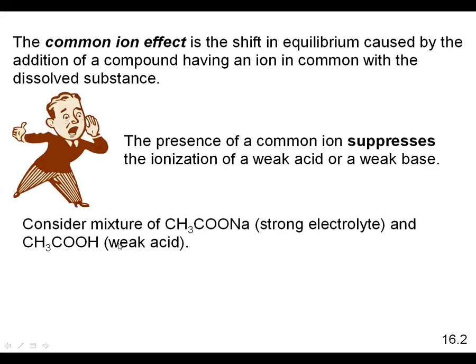So when we talk about a common ion, or the common ion effect, the common ion, much like the name implies, is a situation where you have a solution with a weak electrolyte, like a weak acid, for example, or even a weak base, where in that solution, it will set up an equilibrium. So for example, we have acetic acid there on the bottom.